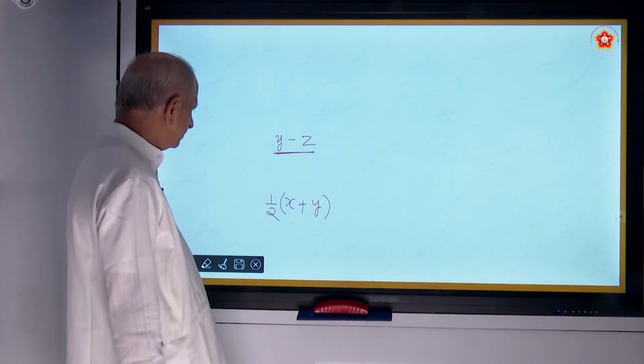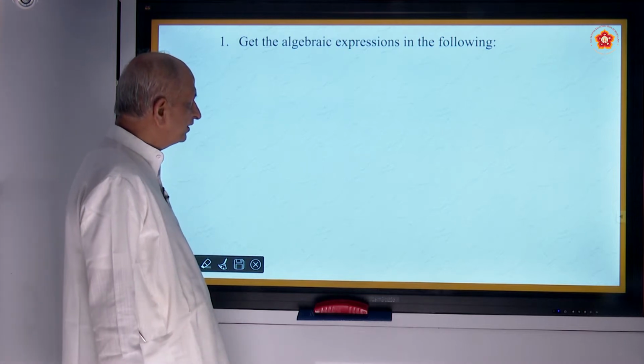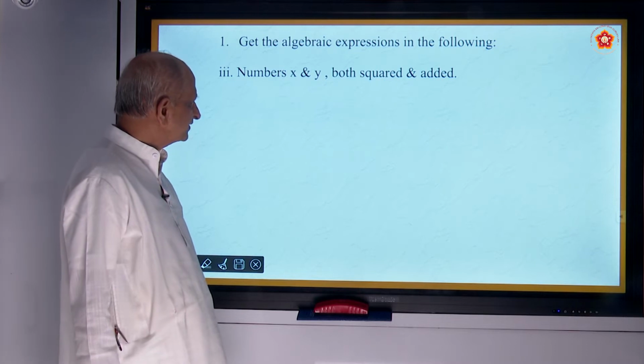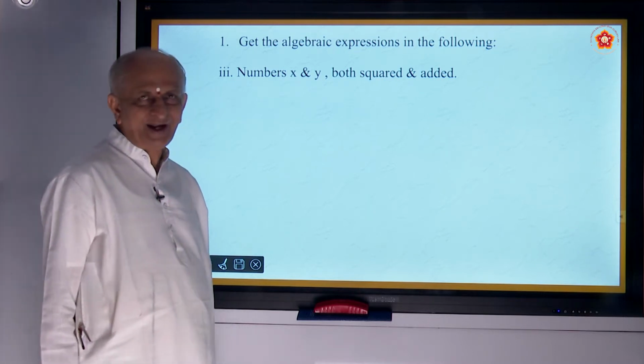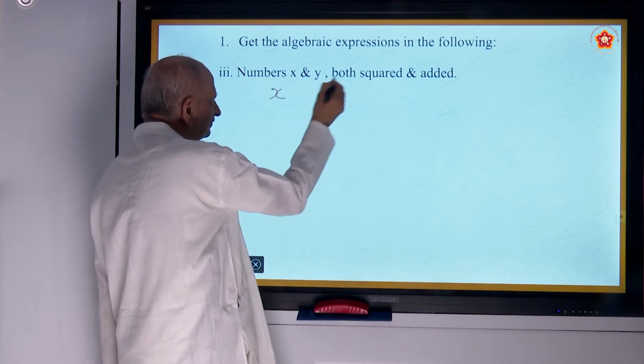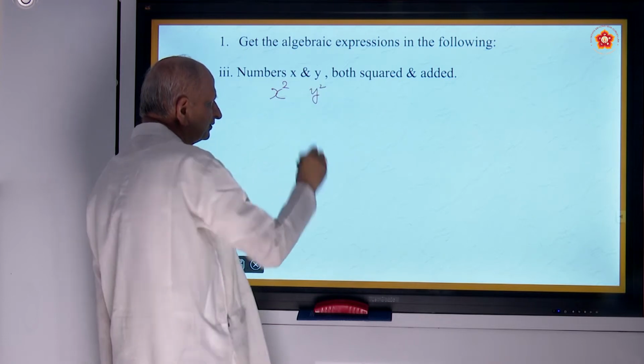The second question is, get the algebraic expression in the following. Same thing continued. Numbers x and y both squared and added. So squared means what? Write x square and then y square.